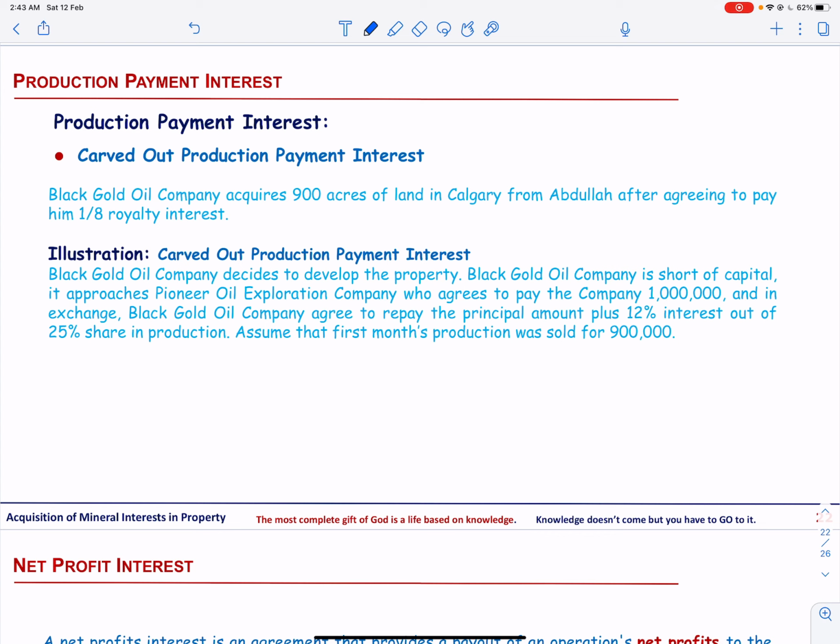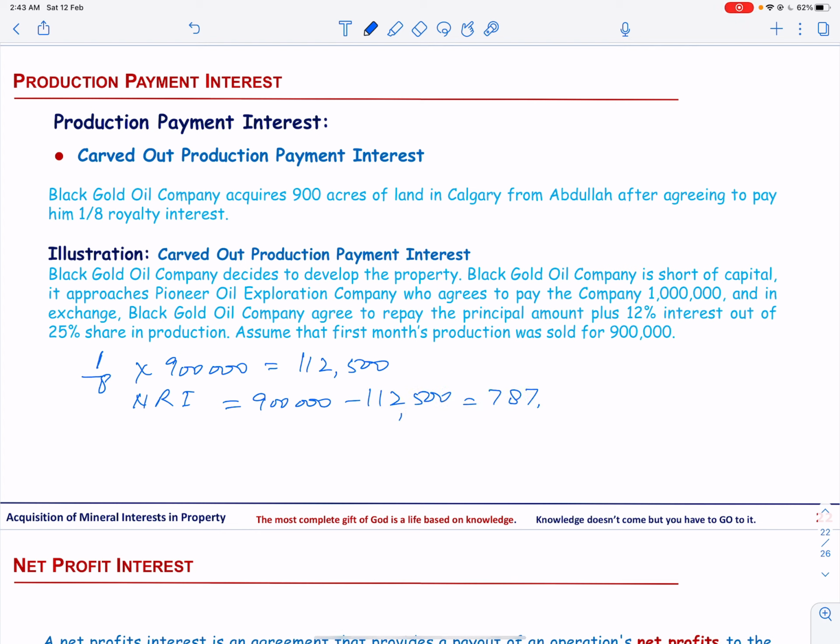Assume that the first month's production was 900,000. Now again, Abdullah will receive 1/8 of gross revenue, that is equal to 112,500. The net revenue interest will be 900,000 minus 112,500, that will give you 787,500.